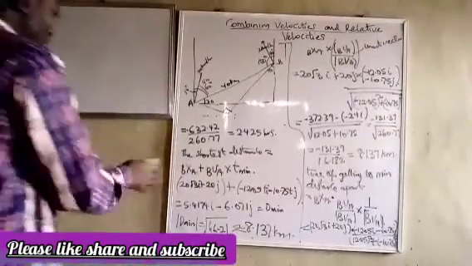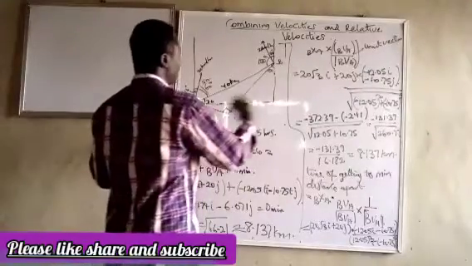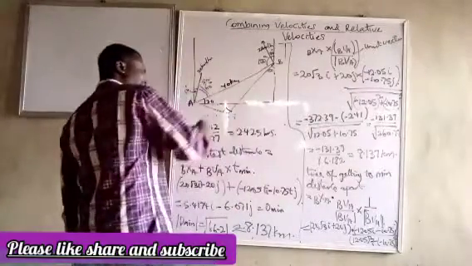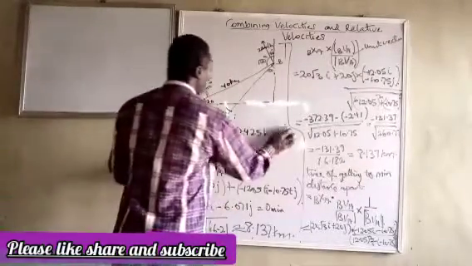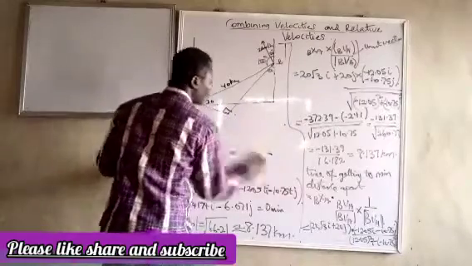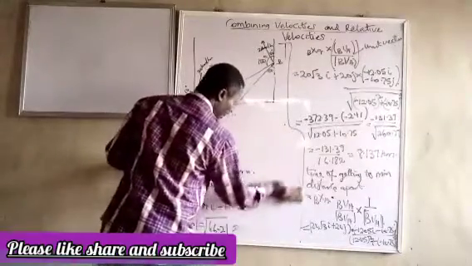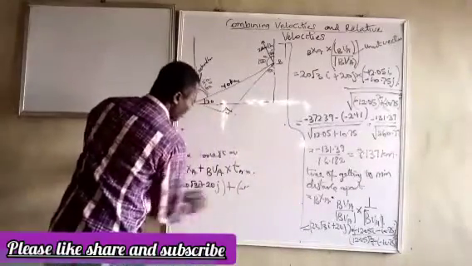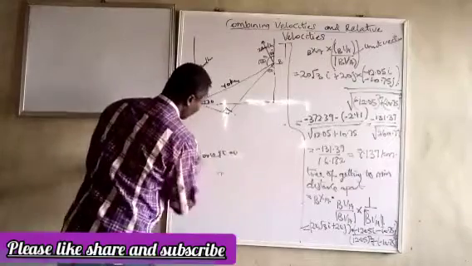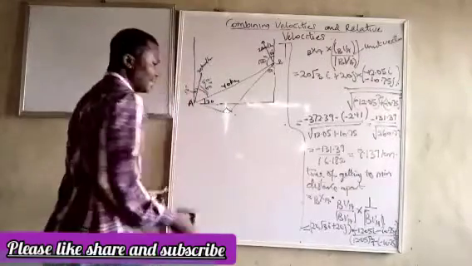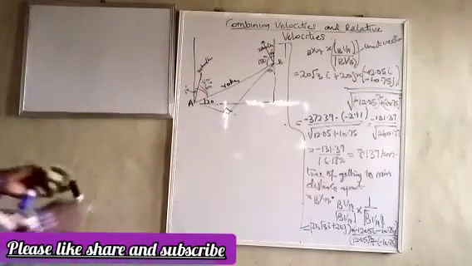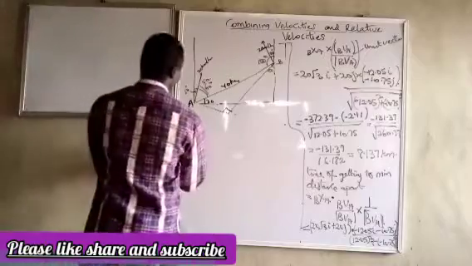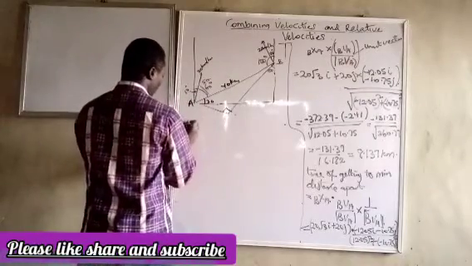Now let's analyze the actual motion, where we don't use relative velocity, and you will see it proven that this is the same thing. What is our initial position for A?